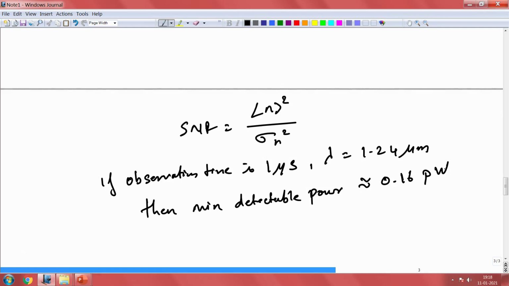So, based on just the observation time or the time interval that you have, you can work out what the minimum power is that one could measure.